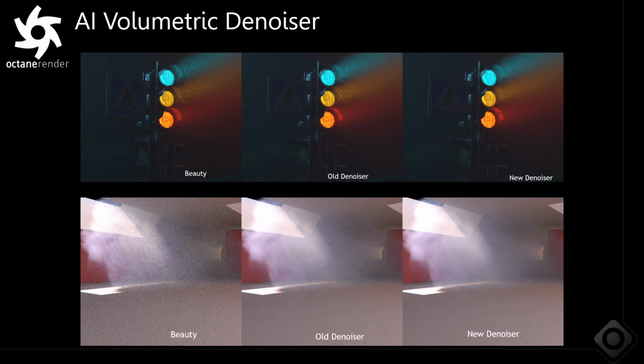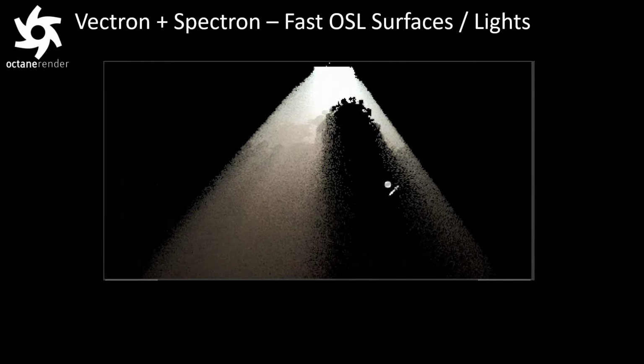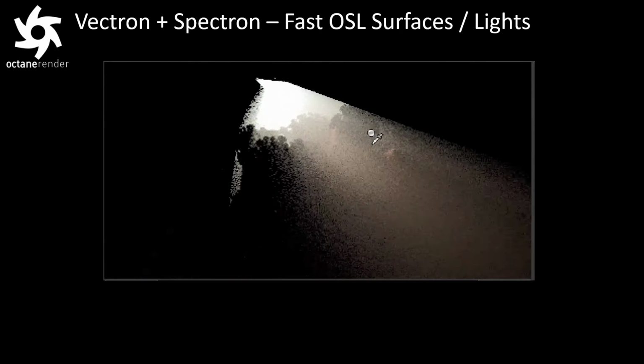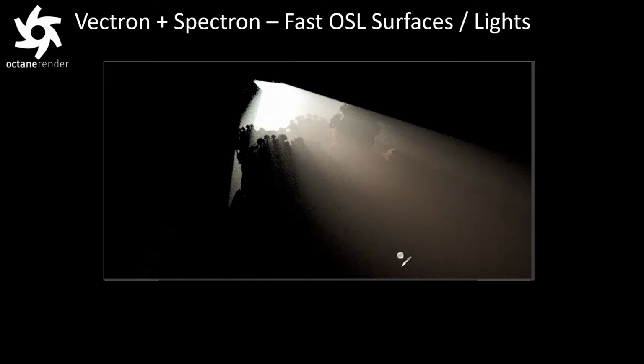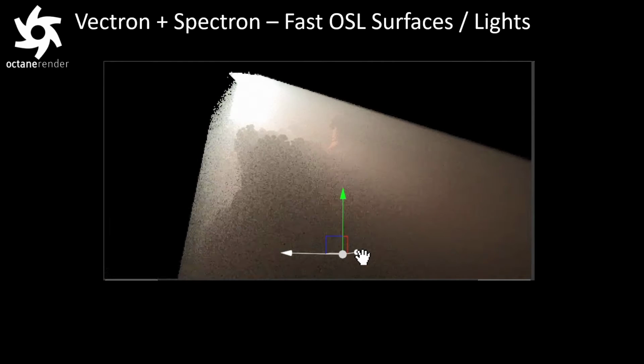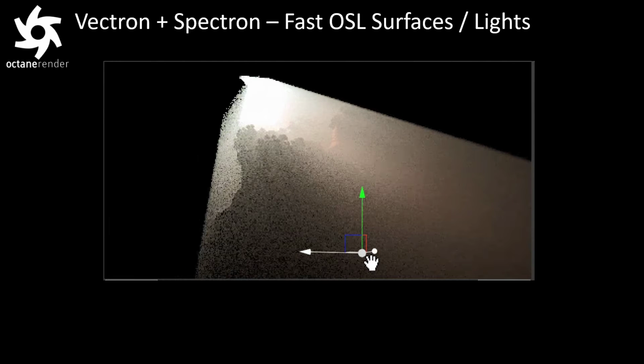And the other effort that we've been working on inside of Octane is to go beyond triangles and volumes and to do things that are fully procedural. So we created something called Vectron, which is a procedural primitive. You can author it in Open Shading Language, which is a part of Octane. You can see here, this is a fractal object that is completely generated at runtime on the GPU.